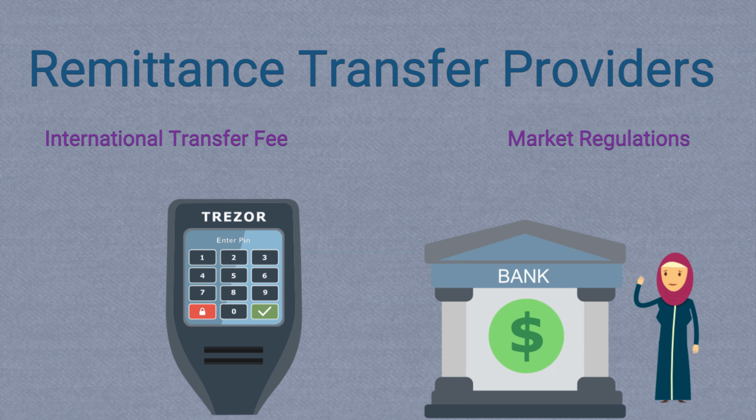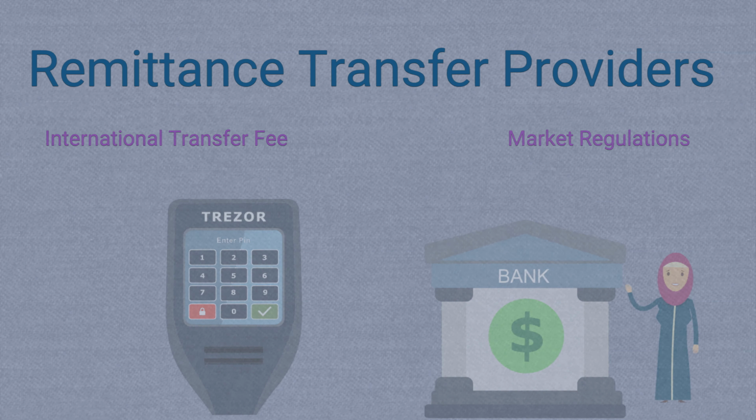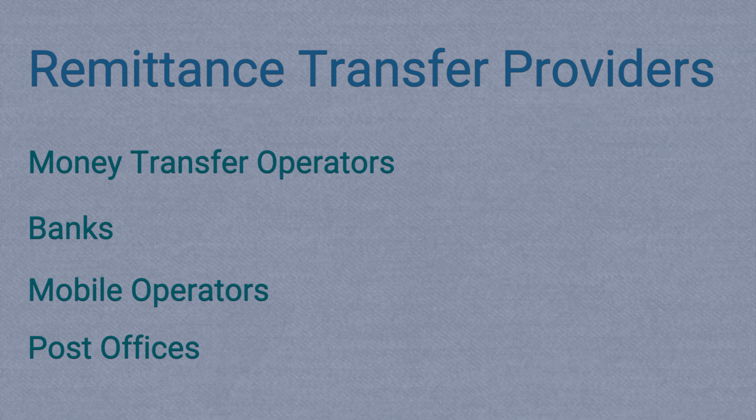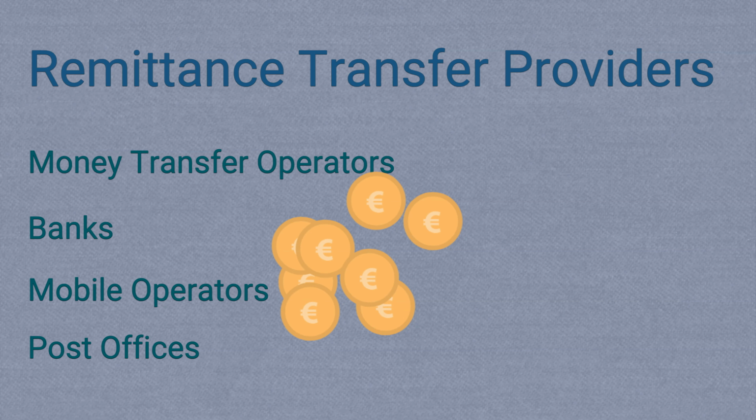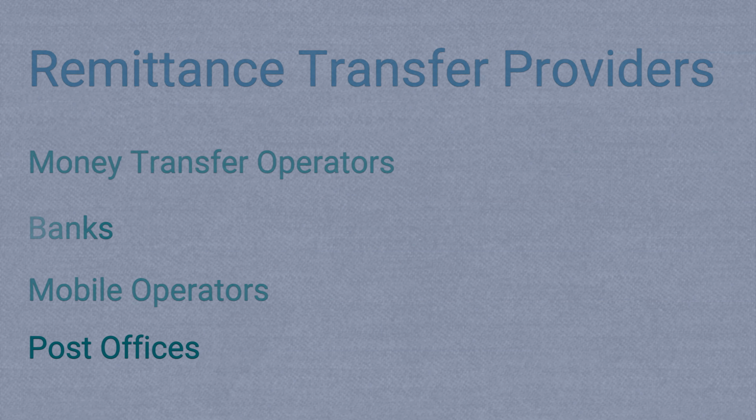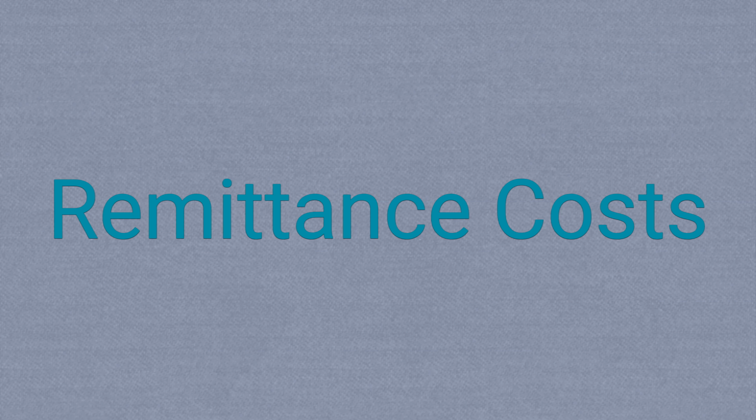To address these costly factors, money transfer operators, banks, mobile operators, and post offices generate revenue by attaching fees to transfers. For people sending remittances through these services, there is a measurable cost for remitting.